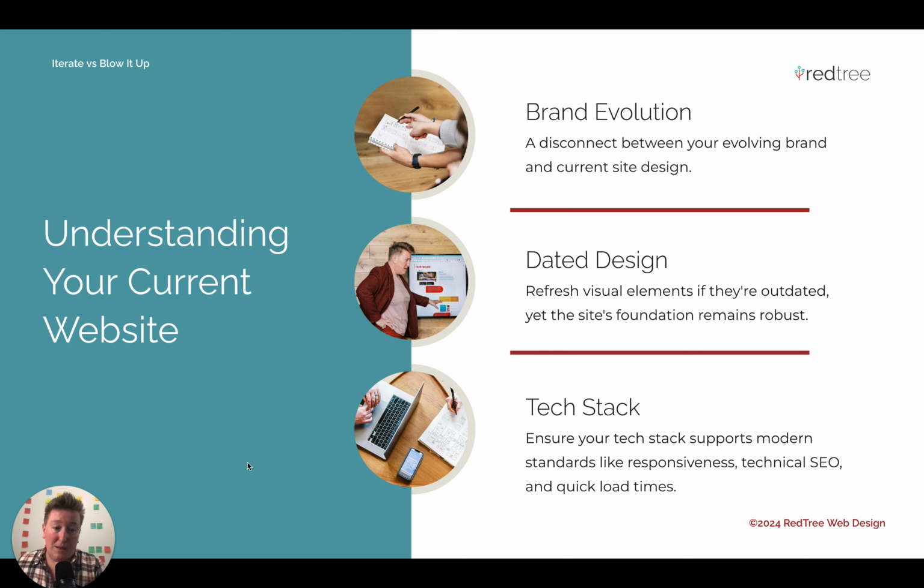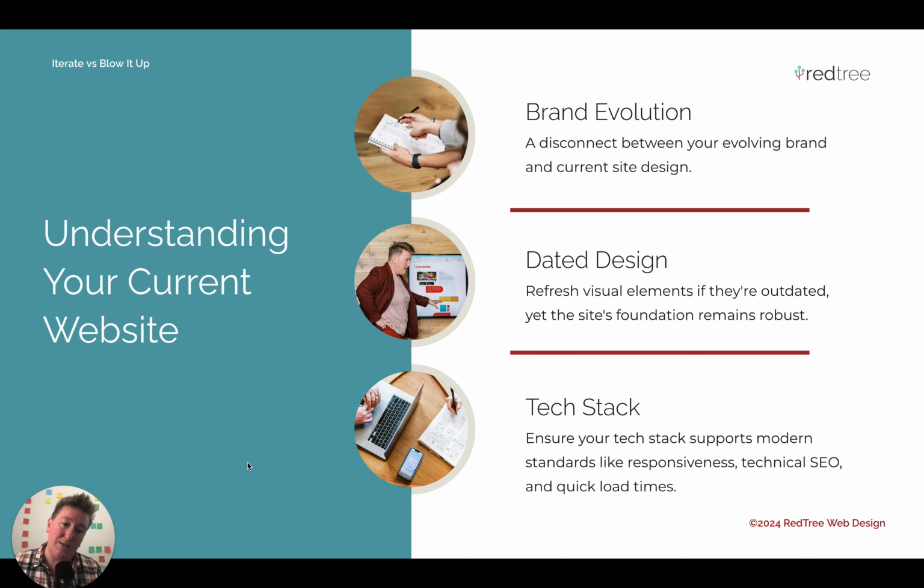Now, that does predicate on the fact that you have to have a good foundation. And back to the website, you will definitely have to look at, does your site's foundation have enough capabilities that you could sort of update the design around it?